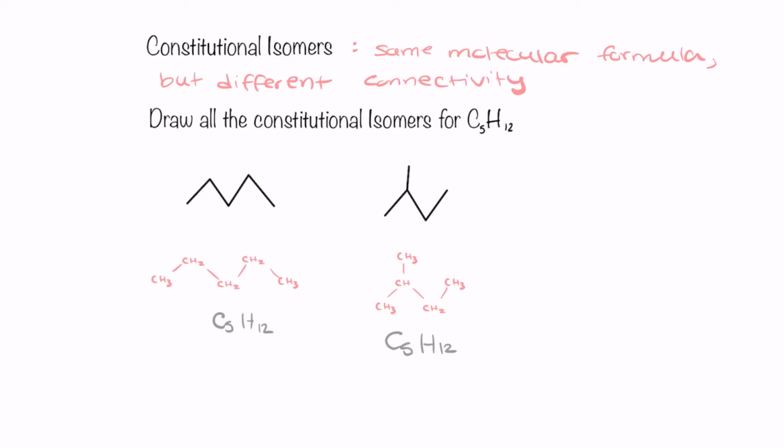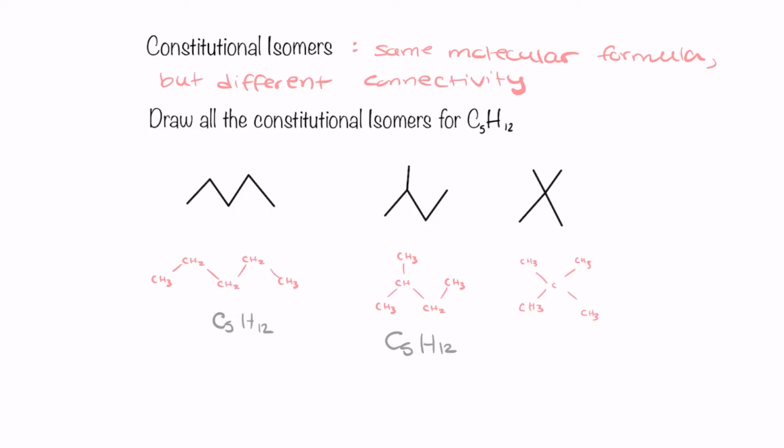And then we might try branching another way. We might draw a carbon chain of 3 carbons, and then 2 methyl groups attached to carbon number 2. If we draw out the condensed form, it looks like this. Tallying up all those hydrogens, we have 3, 6, 9, 12.